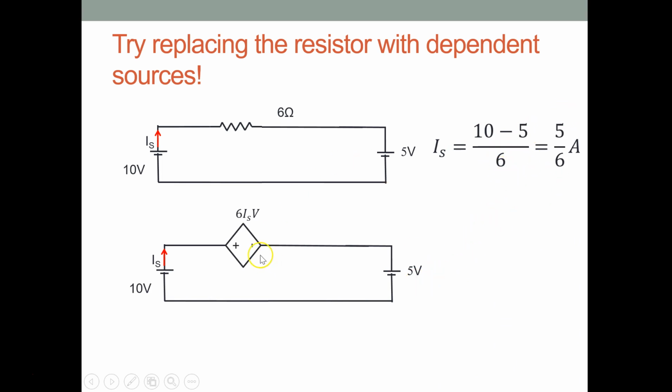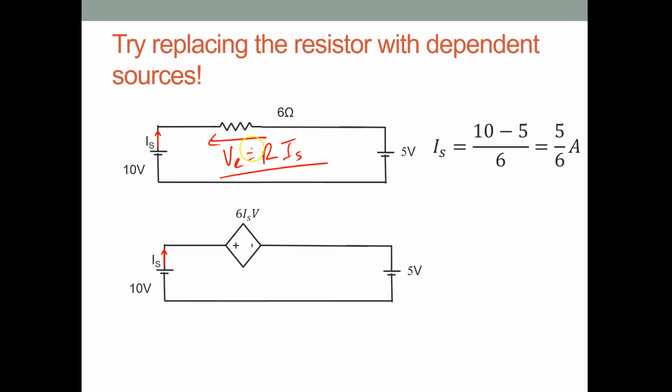I could also represent that with a dependent source, and I just take the value of the resistor and I multiply it by the current through it. So I know Is is through it because we know the value of the voltage here, VR, is equal to R Is.